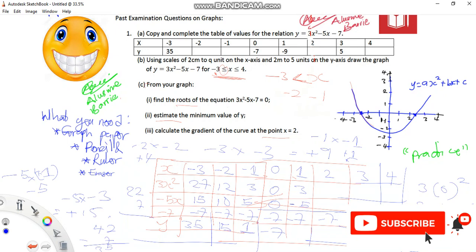So now let us try adding. In this case minus 5 minus 7 will be giving us minus 12. So we'll have 3 minus 12, which is going to give us minus 9. So this value is -9, just as you see here.